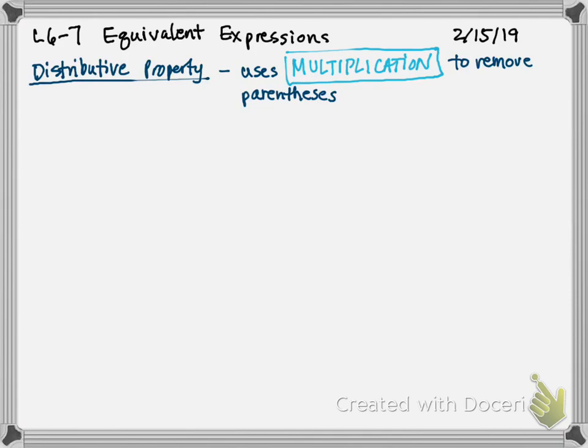An example would be 3 times the quantity x plus 7 equals, and then we distribute that 3. We get 3 times x, and then plus 3 times 7. If we simplify, we get 3x plus 21. Okay?